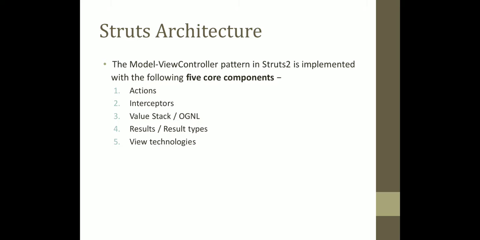The model view controller pattern in Struts2 is implemented with the following 5 core components: first, actions; second, interceptors; third, value stack or OGNL; fourth, results or result type; and fifth, view technologies. We'll see one by one what these parts are actually working on.